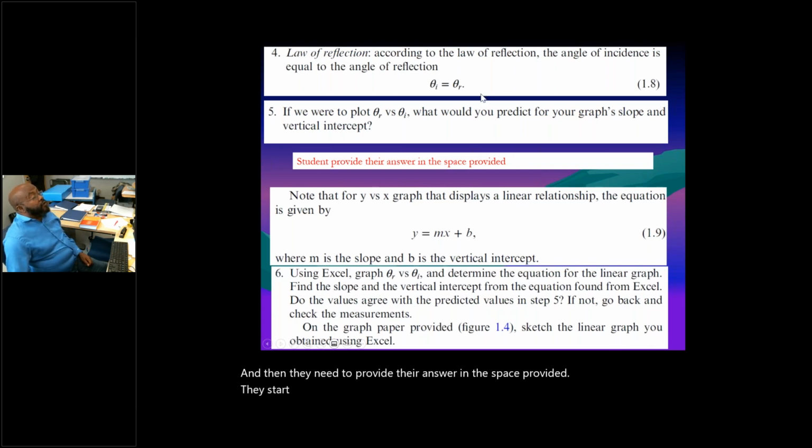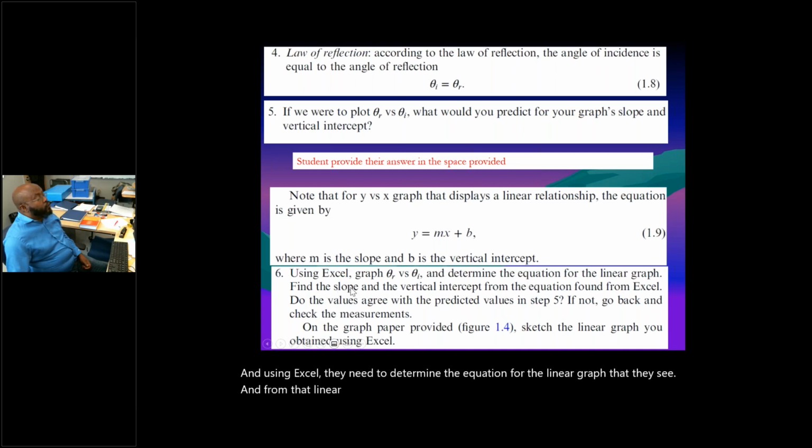Then they start to make a graph of the reflection angle versus incident angle. And they are asked to do this using Excel. And using Excel, they need to determine the equation for the linear graph that they see. And from that linear equation, they need to figure out what's the slope and what's the vertical intercept.